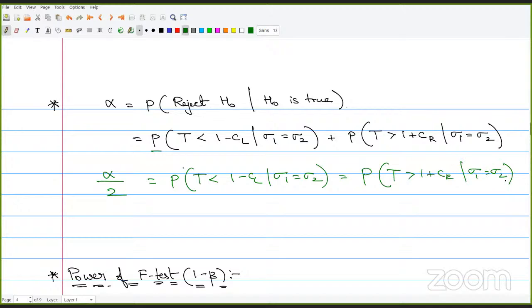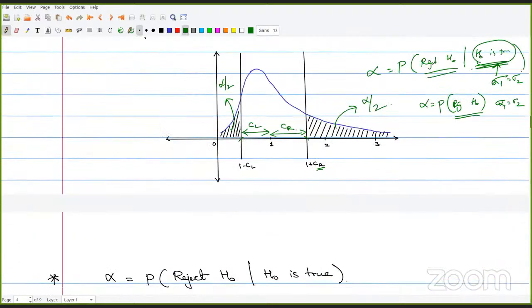The probabilities are equal: the area under the curve should be equal, and that will be equal to alpha by 2. Left and right should be equal, and the areas are added, and that will be the alpha.